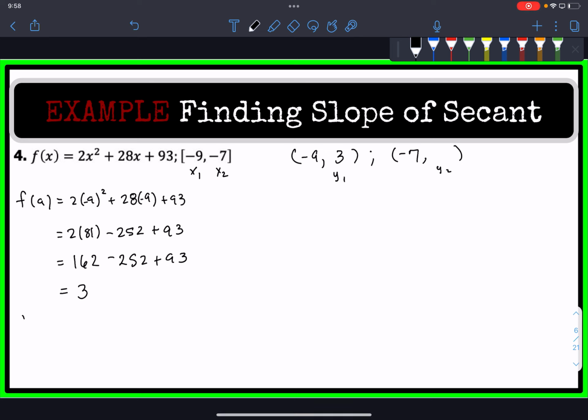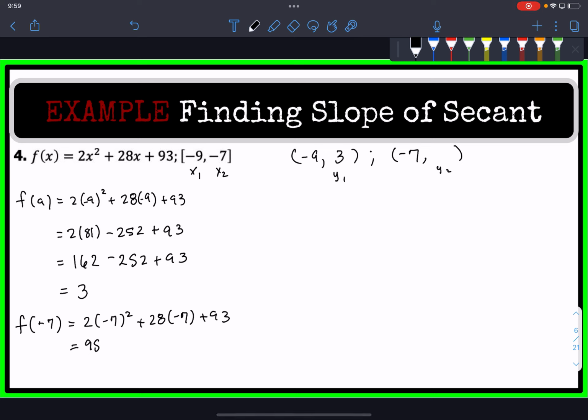Now let's evaluate the function at -7. So 2 times -7 to the second power plus 28 times -7 plus 93. Now -7 to the second power is 49 times 2.